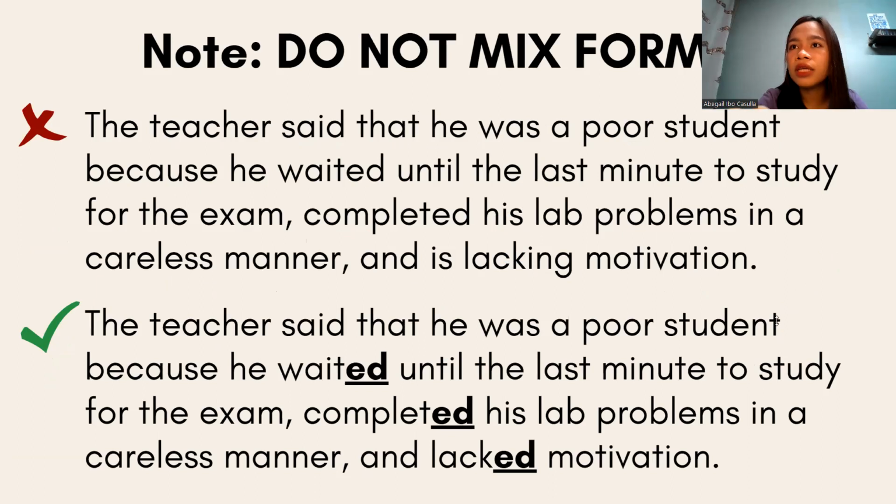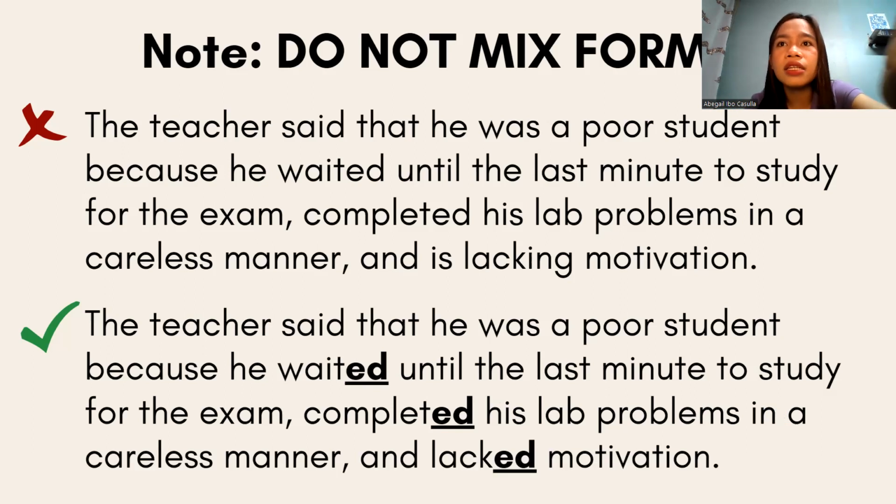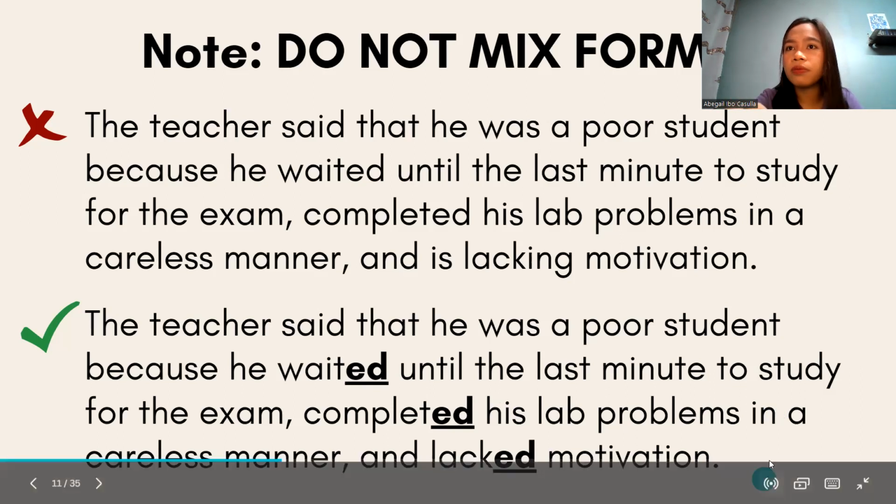So in the revised format with parallelism, lacking is now lacked. So we see because he waited until the last minute to study for the exam, completed his lab problems in a careless manner, and lacked motivation. All those three verbs are in the past form.